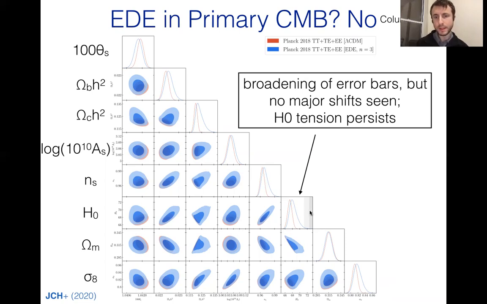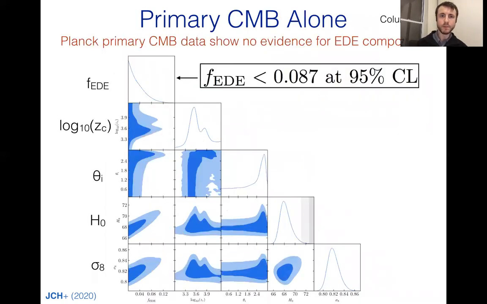In particular, in the H0 panel, the H0 tension persists. Planck doesn't on its own want to move up into this higher H0 region. And that's seen in the posteriors on the extended EDE parameters, which I'm showing here. So f_EDE, this parameter that quantifies how much early dark energy is around, is peaked at 0, and one just gets an upper bound.